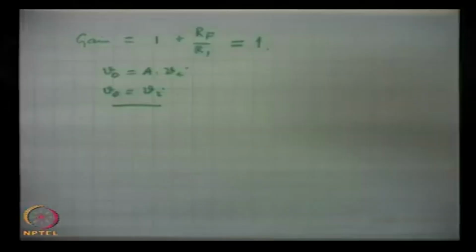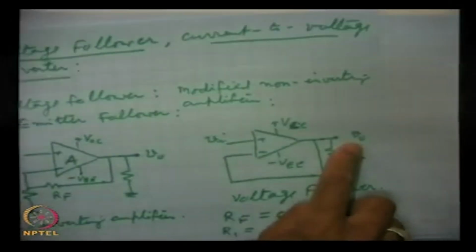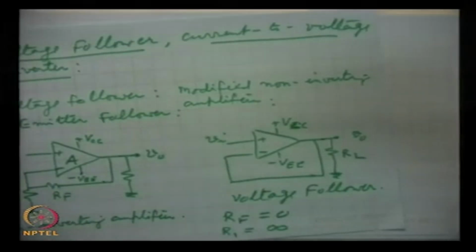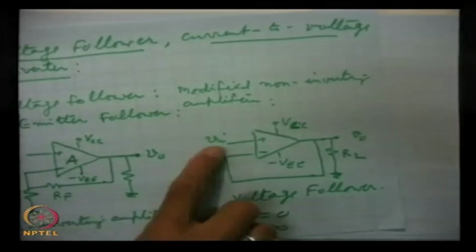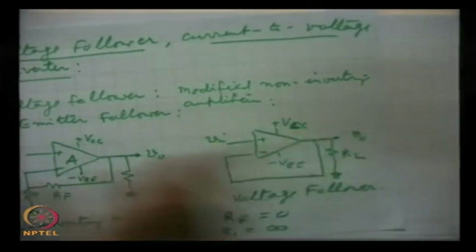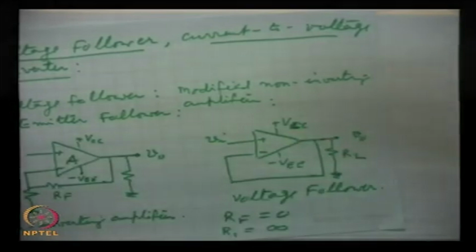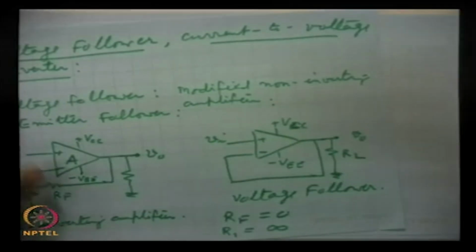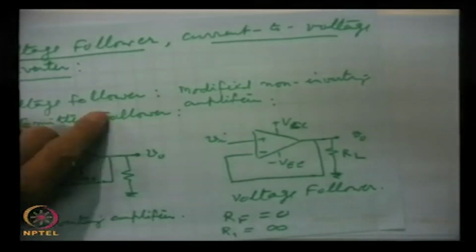In emitter follower, the output voltage follows the emitter. Here we are seeing that this output which will appear here will be of exactly equal magnitude as input, and they will be in phase, that means phase is also same. So, that is why the name voltage follower.